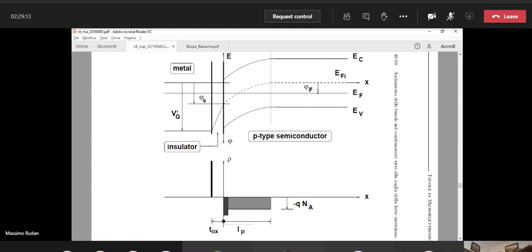So we are here at the threshold of the strong inversion. And you see the distance of the Fermi level from the edge of the conduction band is small. That means that we have many electrons. And the distance of the Fermi level from the edge of the valence band is large. That means that we have few holes.